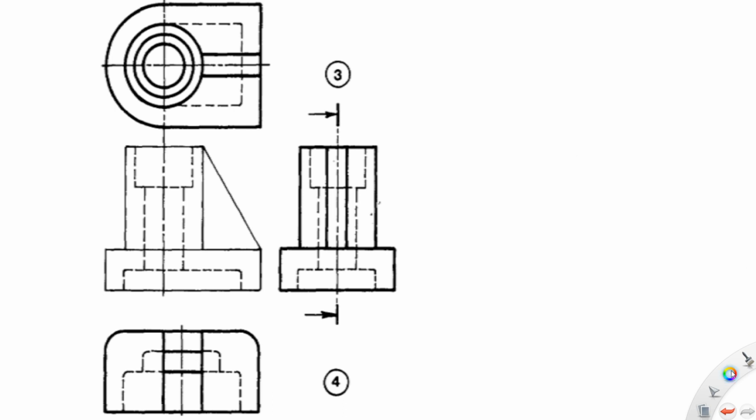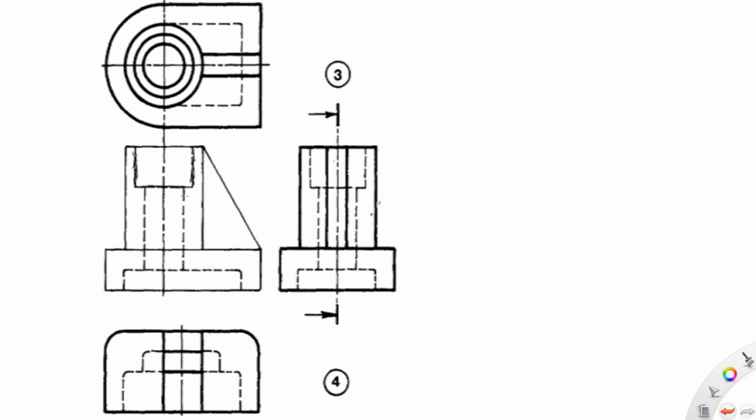So what you do is to ensure that instead of this one being hidden lines, it will now be continuous. Okay, so this line here will be continuous, and that one will be continuous. Basically you draw the same thing, but this time those hidden features will be revealed.